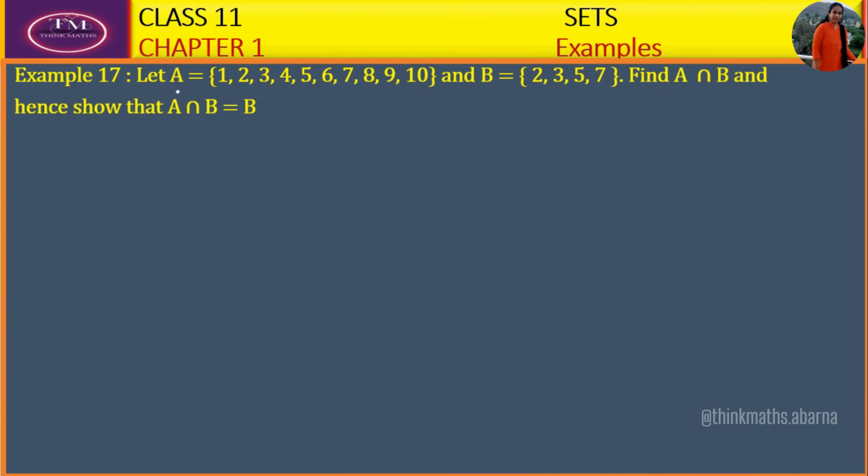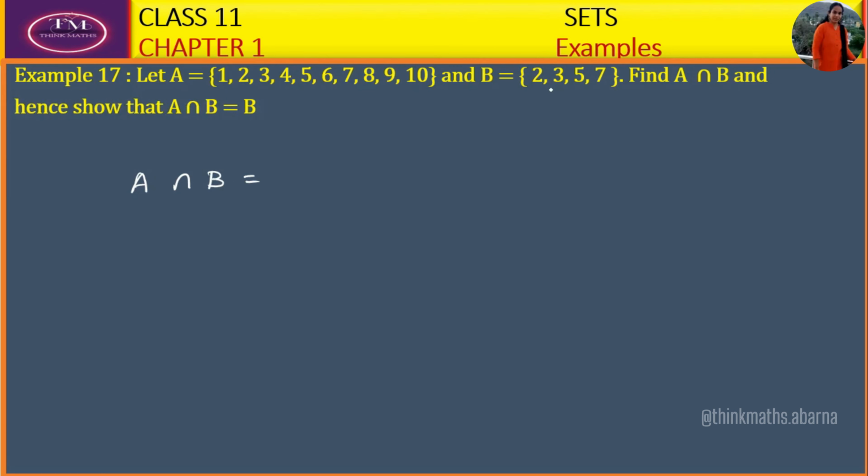Let A be the set of all 1, 2, 3, 4, 5, 6, 7, 8, 9, 10 and B be the set of all 2, 3, 5, 7. Find A intersection B and hence show that A intersection B is equal to B. So now we have to find the intersection, that is, the common elements in both A and B. So let us check. 1, is it present here?